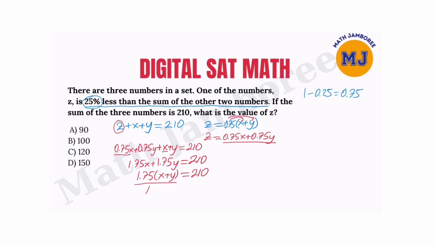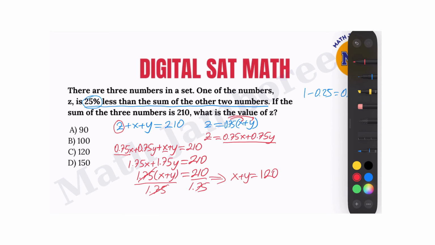Then we will divide both sides by 1.75. In digital SAT math, you are allowed to use your calculator. You can go ahead and use your calculator to find the value of this. So x plus y is equal to 120.